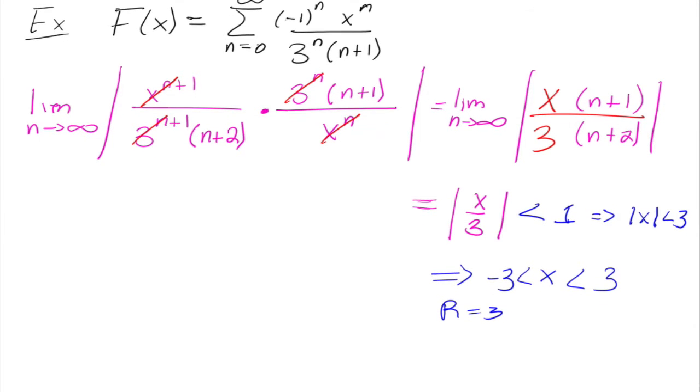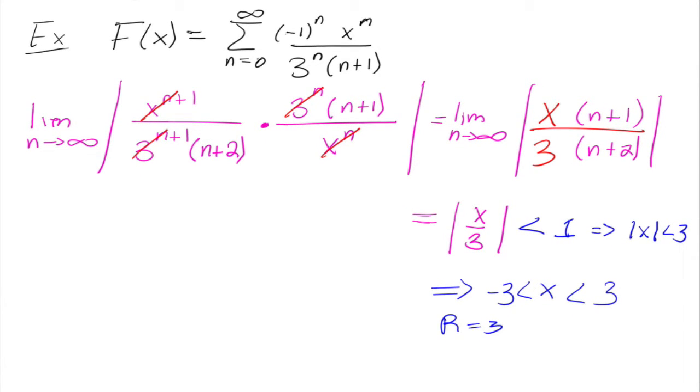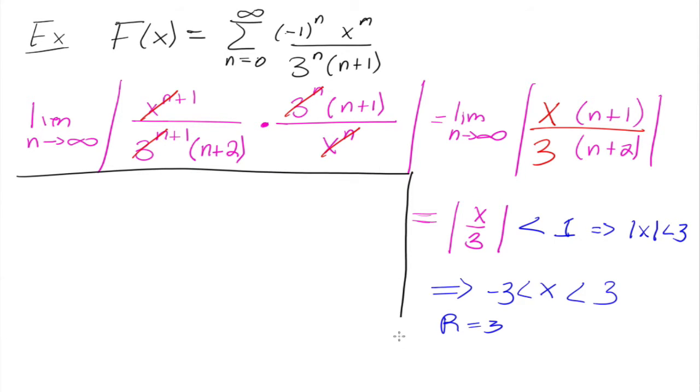Let's see. Okay, I'll do it right here in this little spot I created, so that I can leave everything there. So let's say x equals, let's do positive 3.